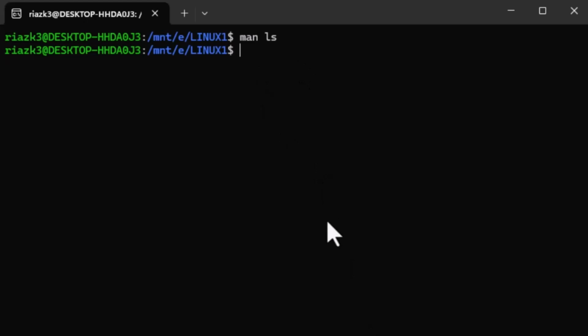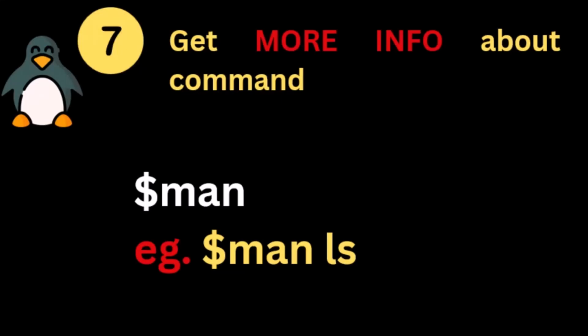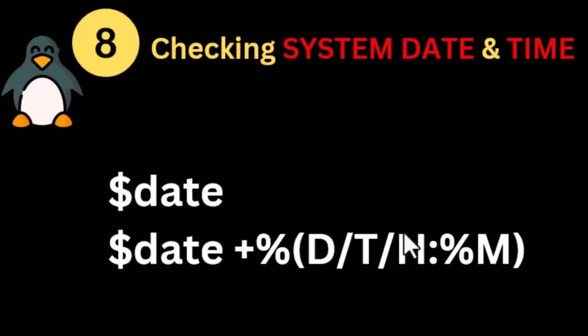Next is command number 8, which is how to check the system date and time. For that, we have the command date, and in different formats, we can have the date or time. For that, we need to use this percentage symbol. We will see these things one by one in the terminal.